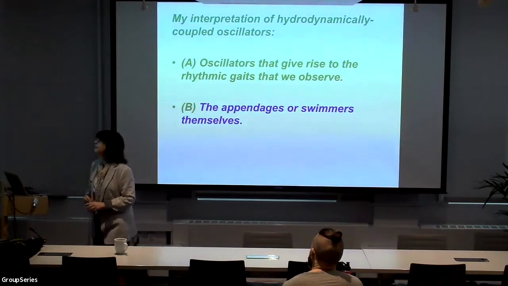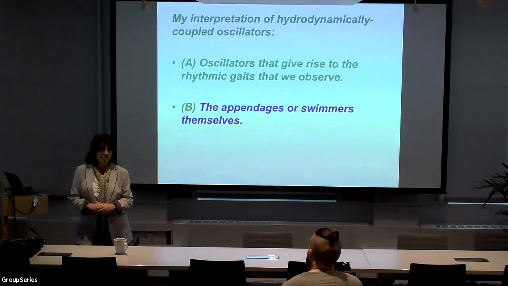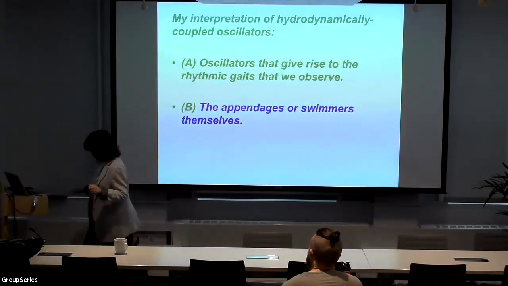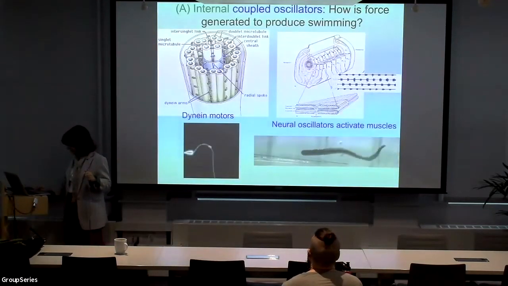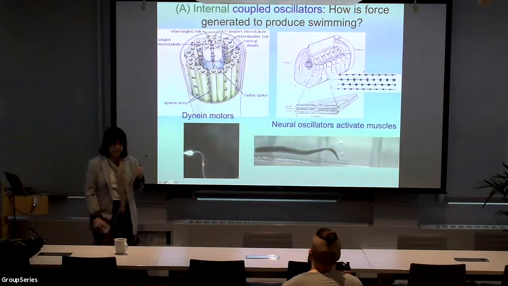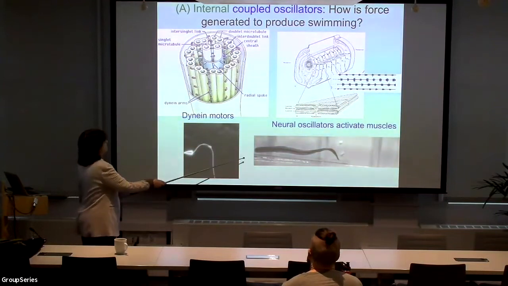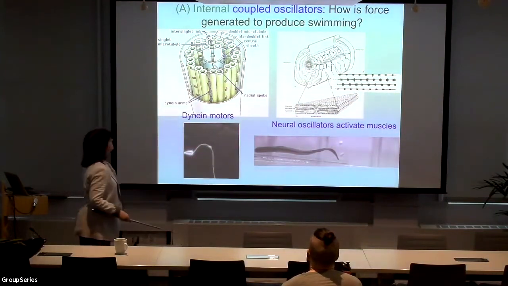Or B, I also think about coupled oscillators as the appendages or the swimmers themselves. So let's see, here are some examples of low Reynolds number swimmers, like this eukaryotic sperm. This is a lamprey.